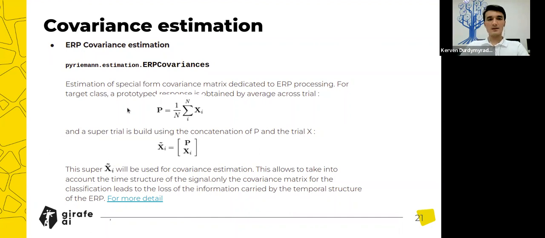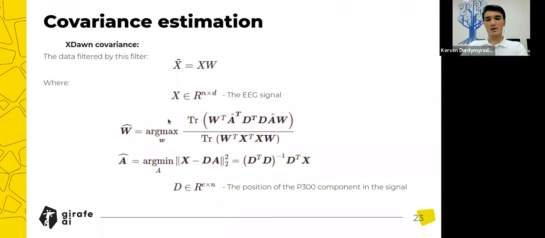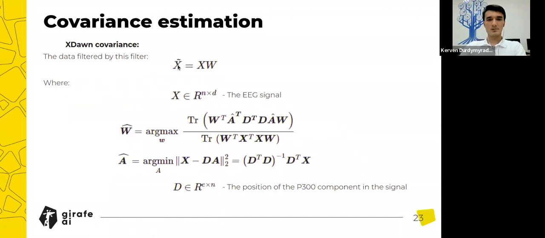The next estimation for the covariance is XDAWN covariance. Actually, XDAWN is a filter. Before trying to find the covariance of our data, first we filter our data. We want to focus on our ERP signal and get rid of noise.